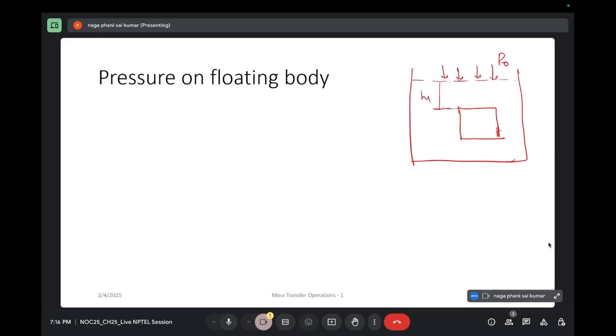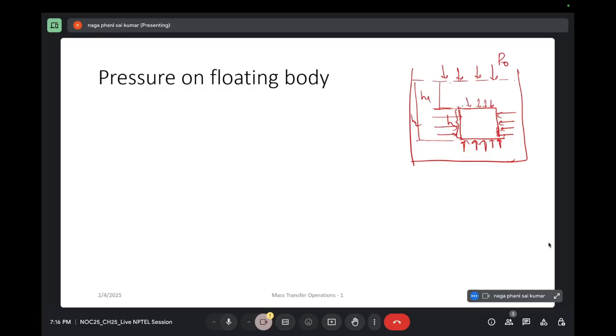Okay, this is height h1 and this is h, that is the side of the body, and this is h2. Okay, so on this side also there will be some pressures or forces acting. Okay, and from the bottom there will be some forces acting on the body, and from the top there will be some forces acting on the body.